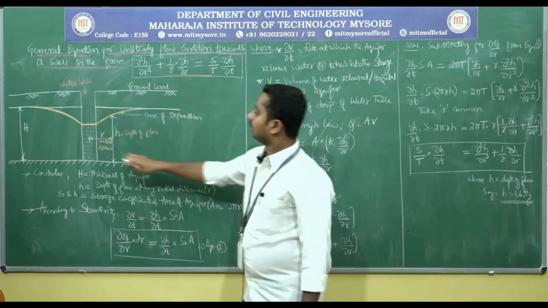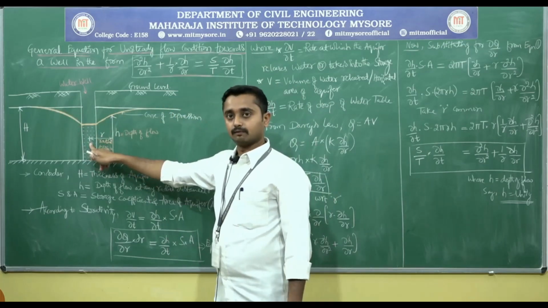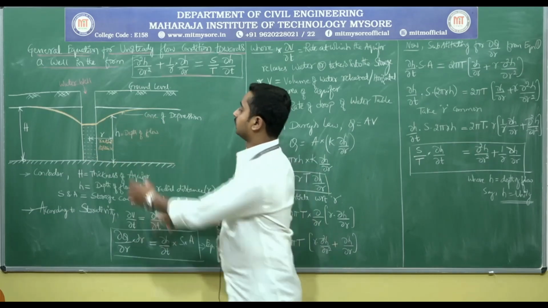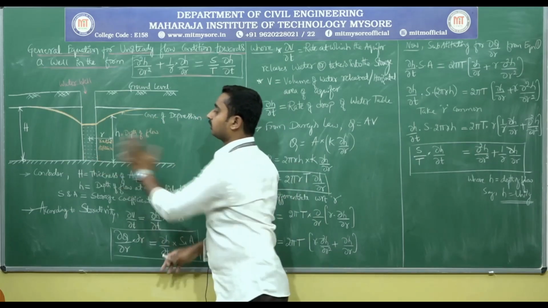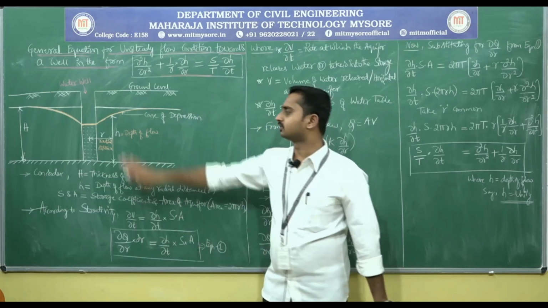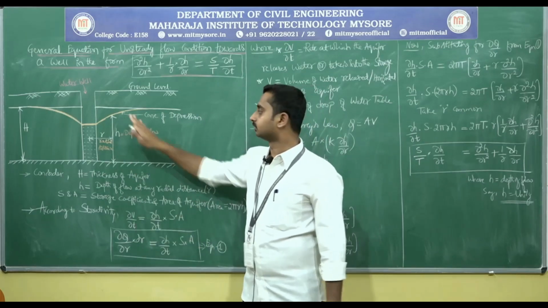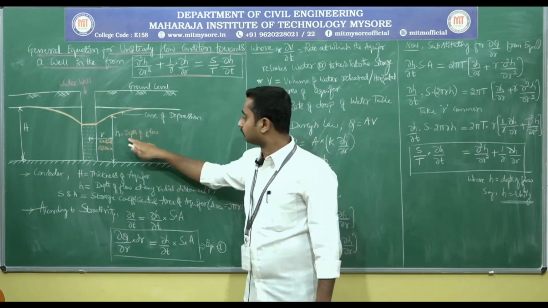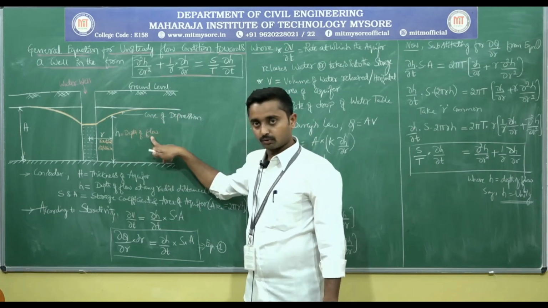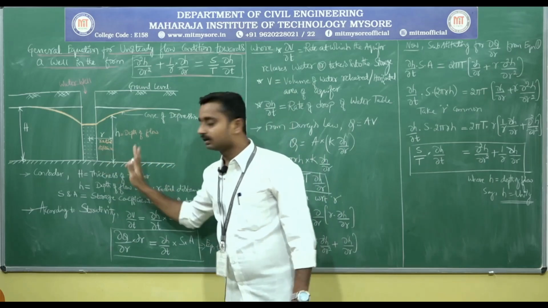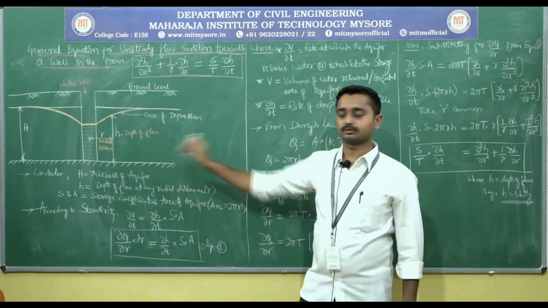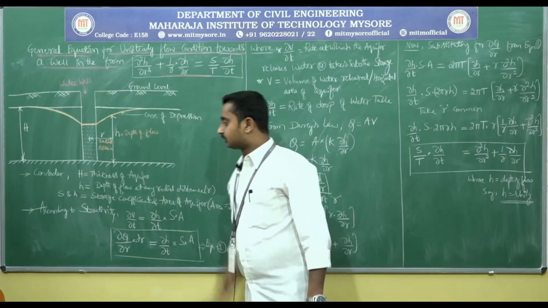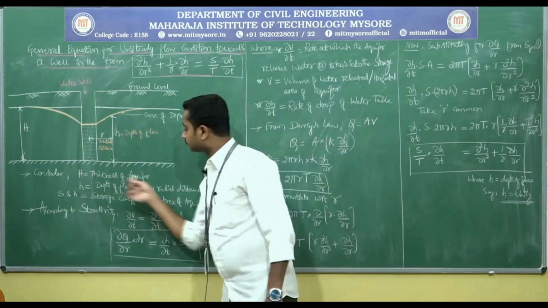From the center of the well to some distance, h is equal to the depth of flow corresponding to radial distance r. Any distance, for corresponding h. Now consider capital H is equal to the thickness of the aquifer.